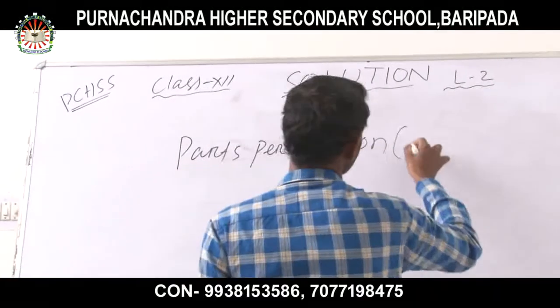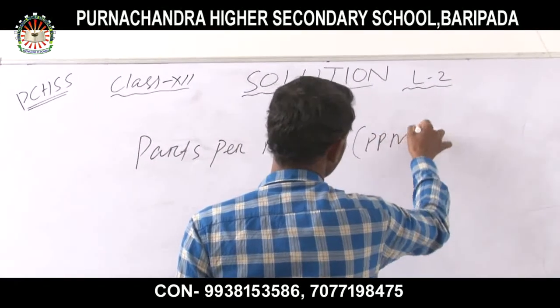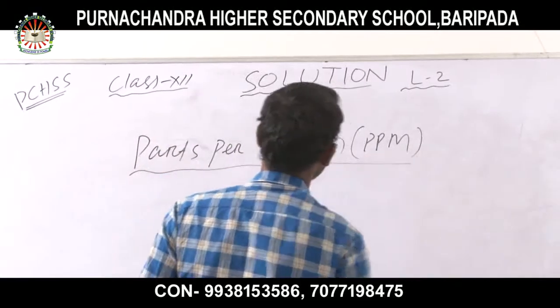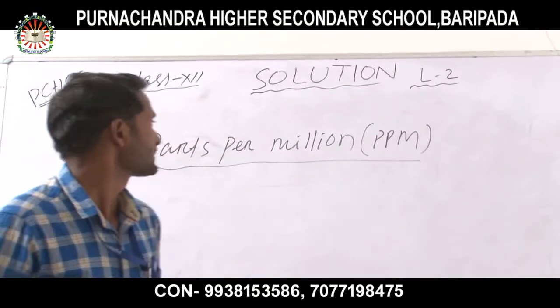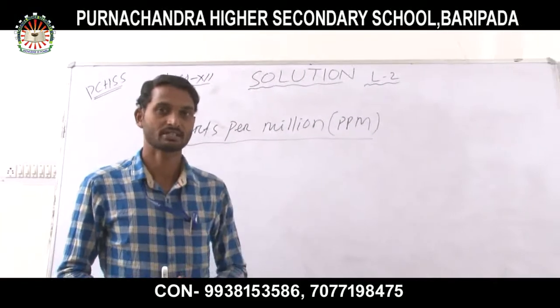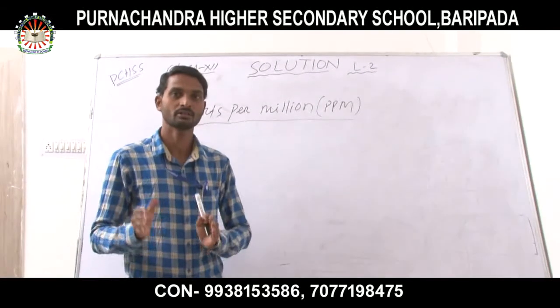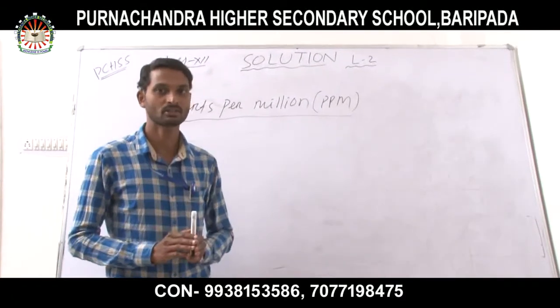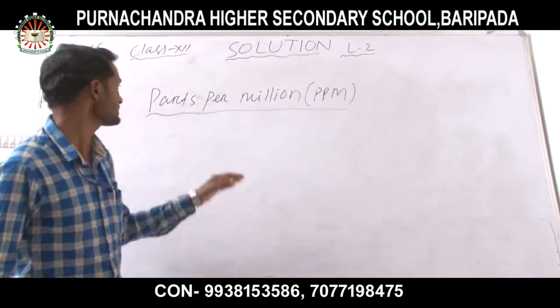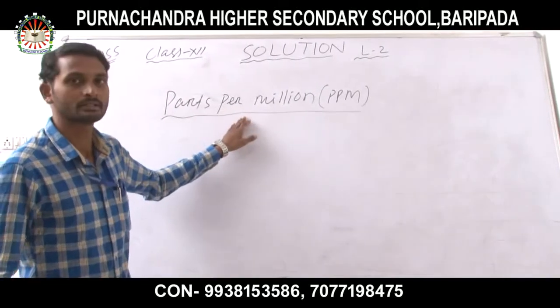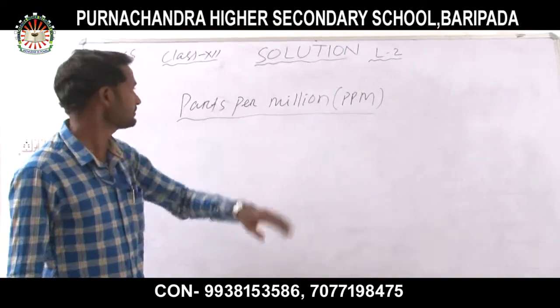It is shortly called ppm. So what do you mean by parts per million? You already know what percentage is. Percentage means the amount of solute out of 100 milliliter of solution. A 100 milliliter solution containing that amount of solute, that is called percentage.